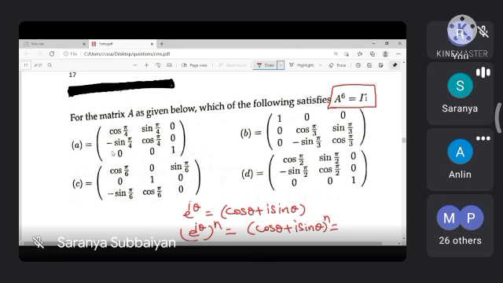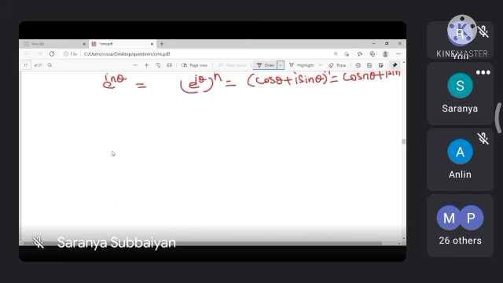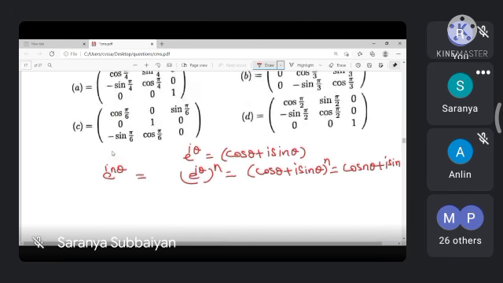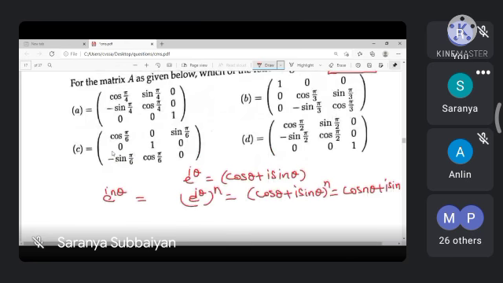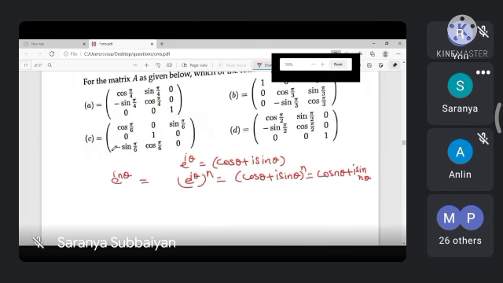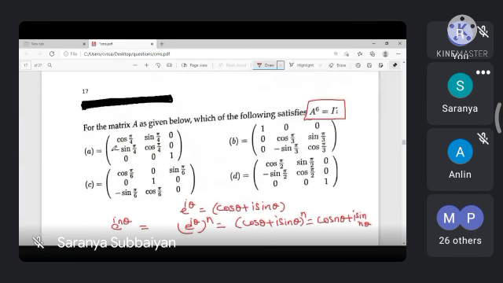You can write it as e power i n theta, which means cos n theta plus i sin n theta. This is the hint. Based on this, you can find it easily.